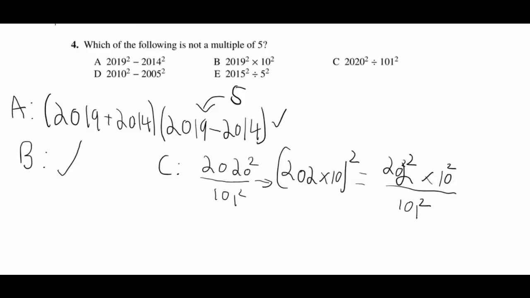Now clearly 202 squared divided by 101 squared will just be 4, because 202 divided by 101 is 2, and so if we square that we get 4.